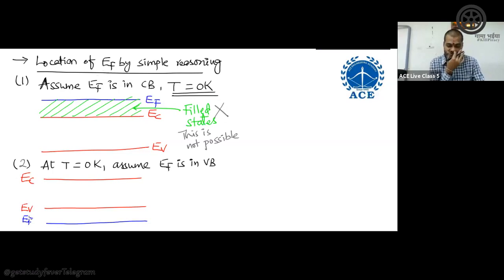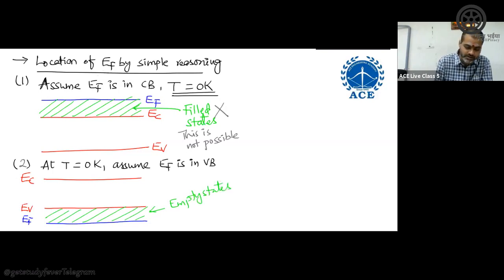Now again consider the physical significance of the Fermi energy level at absolute zero. Any energy level present below the Fermi energy level is filled, above it is empty. So if that is the case, the shaded area that I am representing with the green lines should represent empty states.